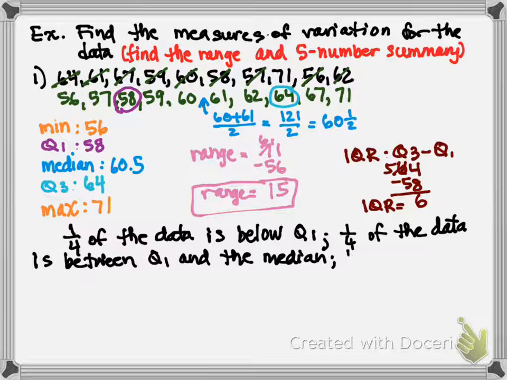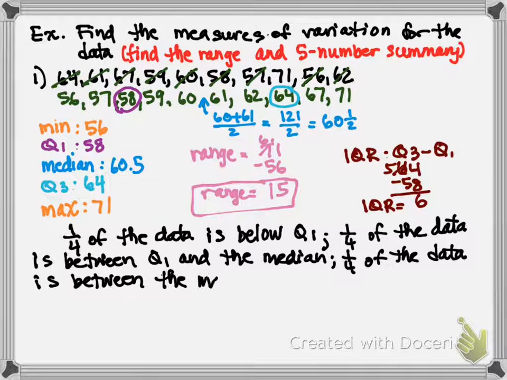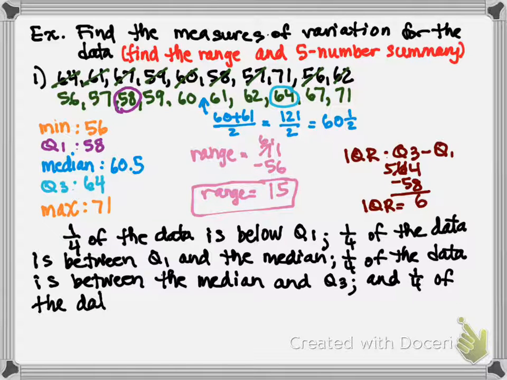I can say 1/4 of the data is between the median and quartile 3, and 1/4 of the data is above quartile 3.